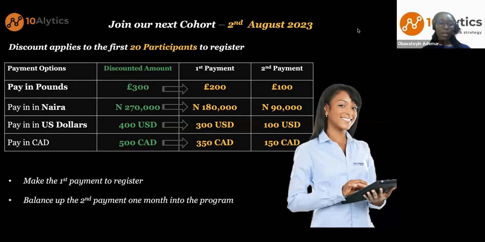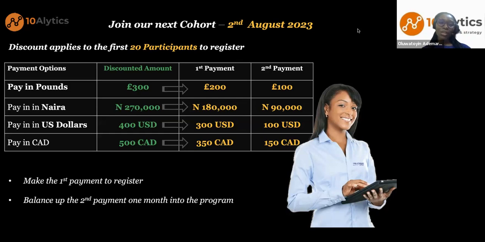In Naira, your first installment is going to be 180,000, while your second installment, which is paid a month after you're in the program, is 90,000.